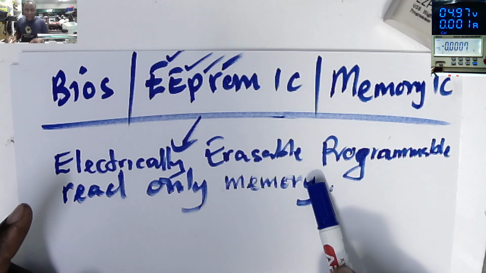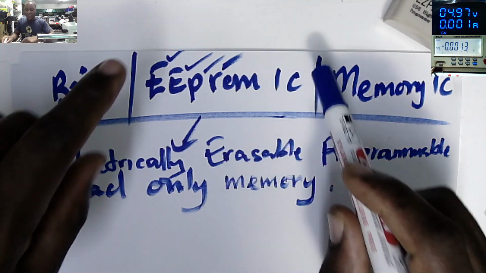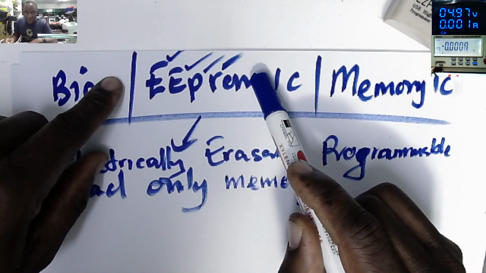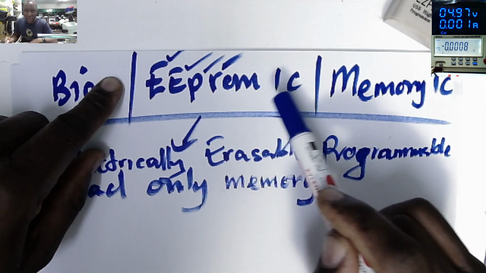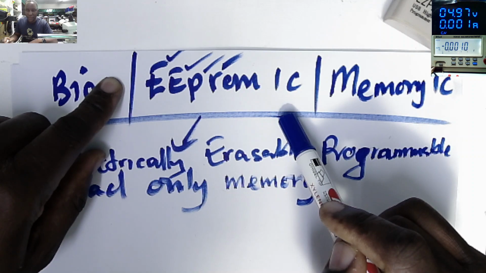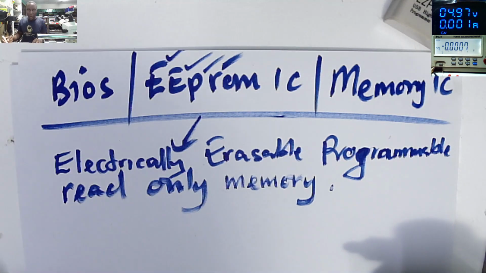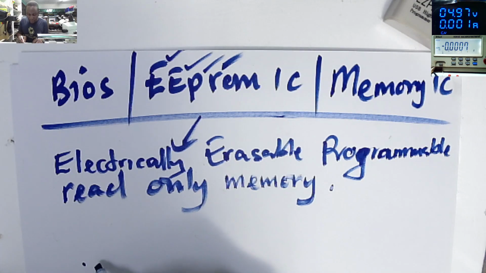So the first thing that we have to know is this chip is meant to be erased. Why? Let me give a simple example. We have a car. That's our car here.